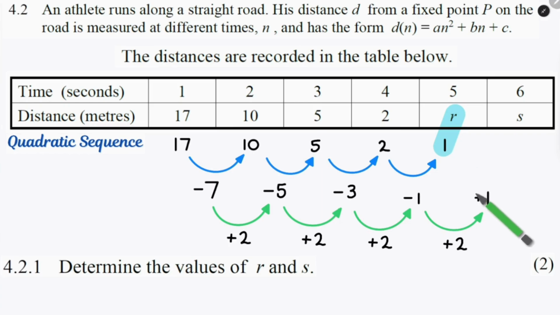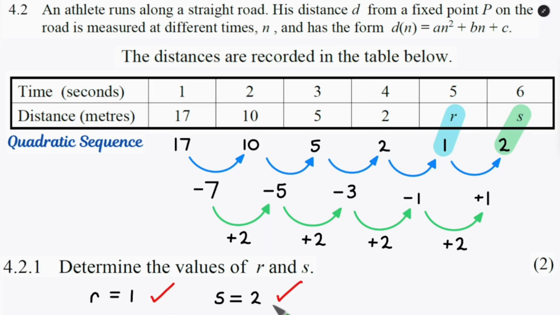And then 1 plus 1 will give me the value of s to be 2. So now I can conclude that s has a value of 2 and r has a value of 1, and you just get 1 mark a pop for each of those answers.